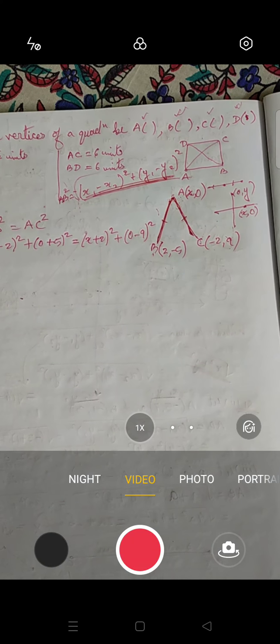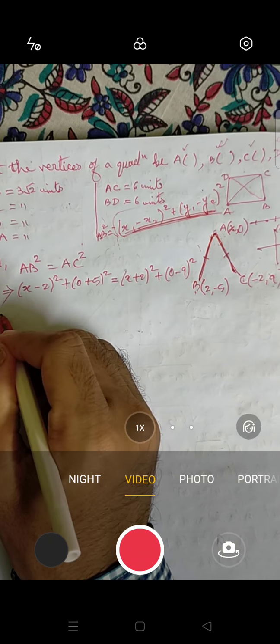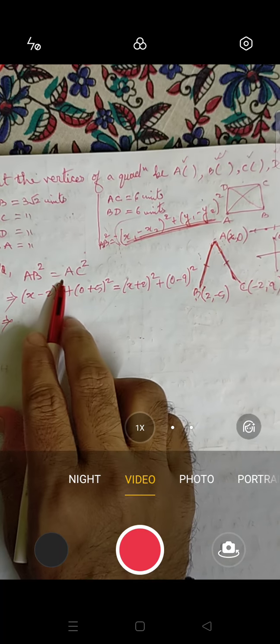Now AC. Now AC will become this minus this. That means it will become x plus 2 whole square, and this will become plus 0 minus 9 whole square. Any problem? Okay, now we will use the general formula, a minus b whole square.